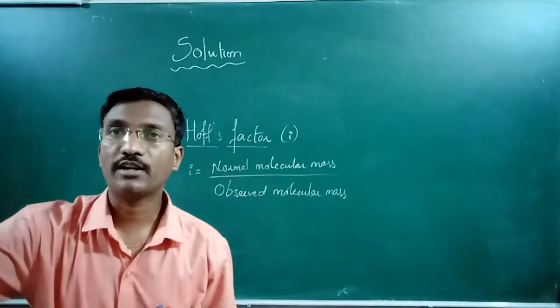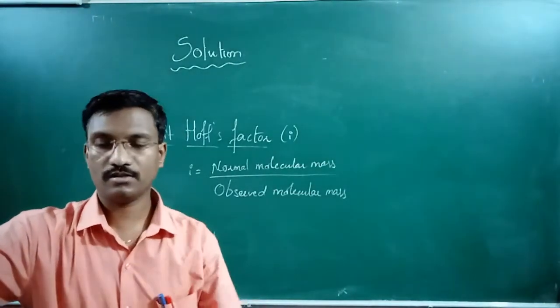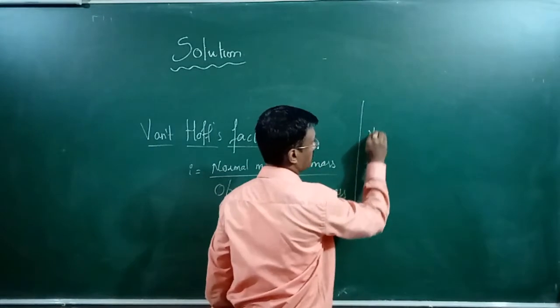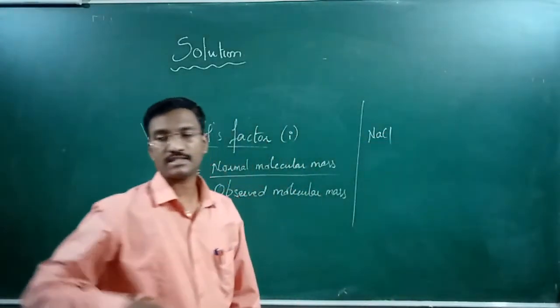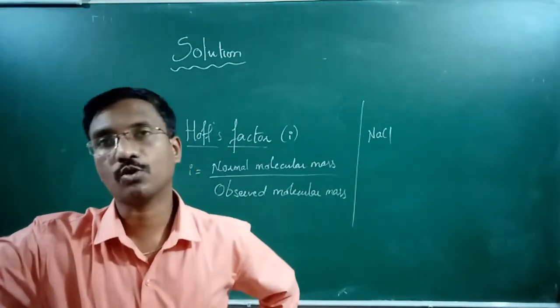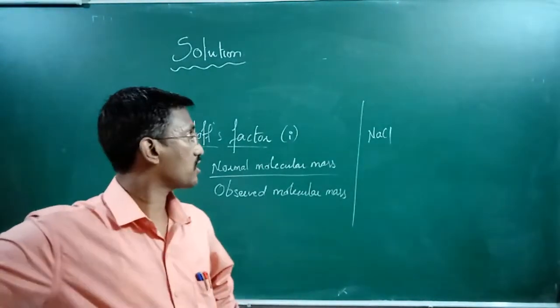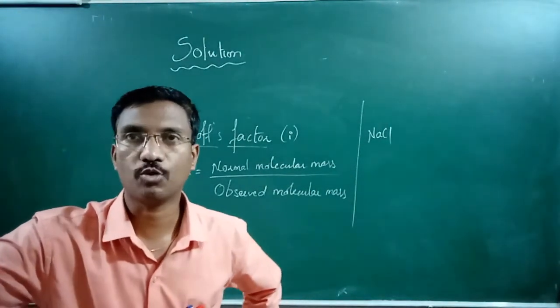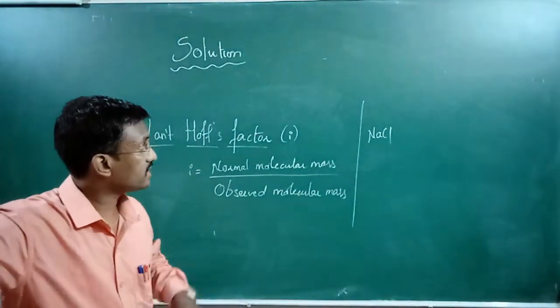They may ask, what is the Van't Hoff factor of sodium chloride? Here the Van't Hoff factor means you have to say the number of ions in the compound. In NaCl there are 2 ions.